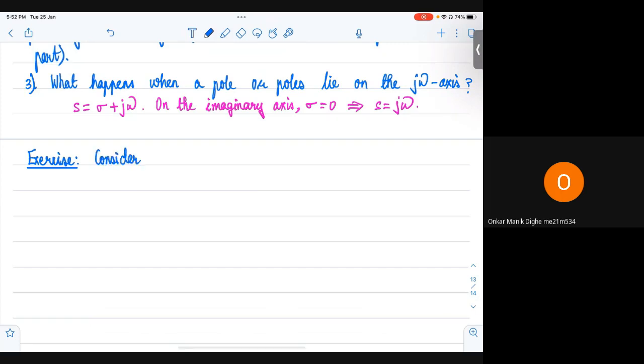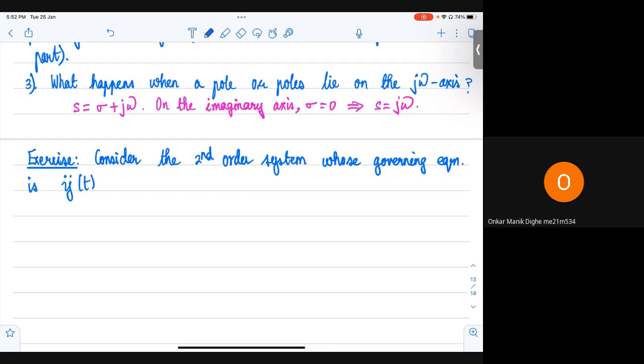So consider the second order system whose governing equation is y double dot of t plus y dot of t is equal to u of t.